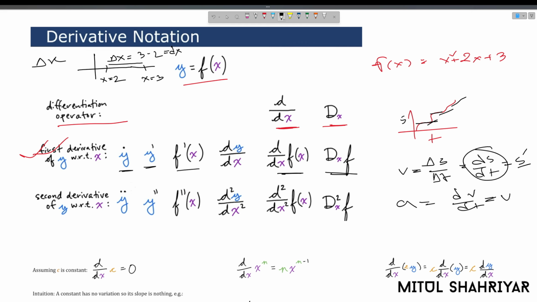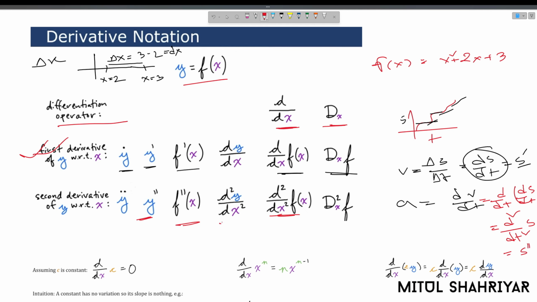We can put the value of v here, so it can be written as d by dt of ds by dt. Here you can see d square, we have 2 d's, right? d square, and dt dt. So instead of d square by dt square, we will write d squared s by dt squared. This is how we refer to this, or we can call it s double dot here, something like that.